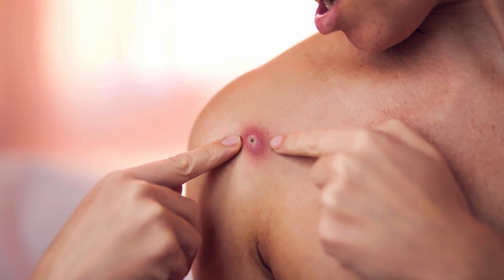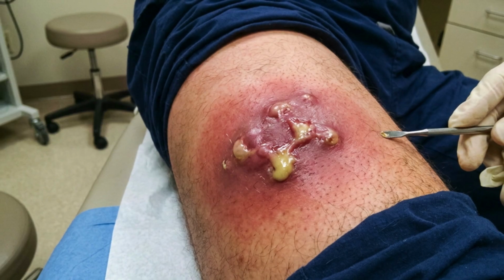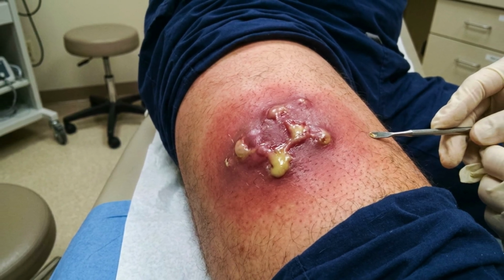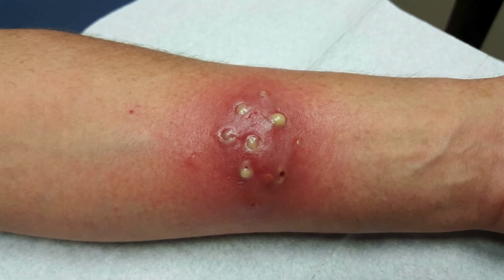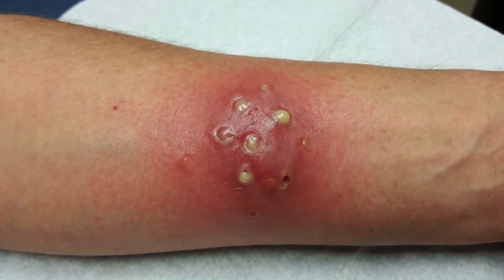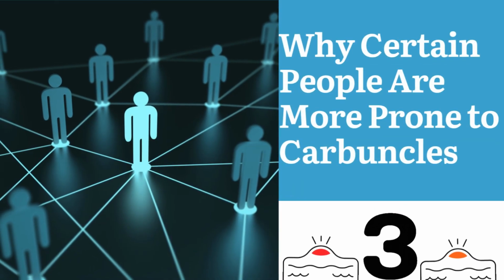As the infection expands, pressure builds within the tissue, leading to increased pain and sometimes spontaneous drainage through multiple openings. In daily life, this progression explains why a small, seemingly harmless bump can evolve into a significantly larger and more painful condition over several days. Number 3, why certain people are more prone to carbuncles.